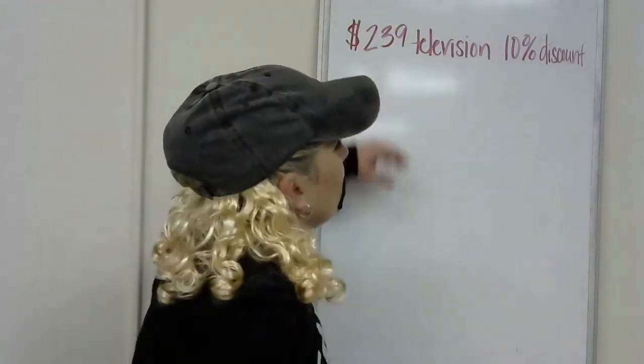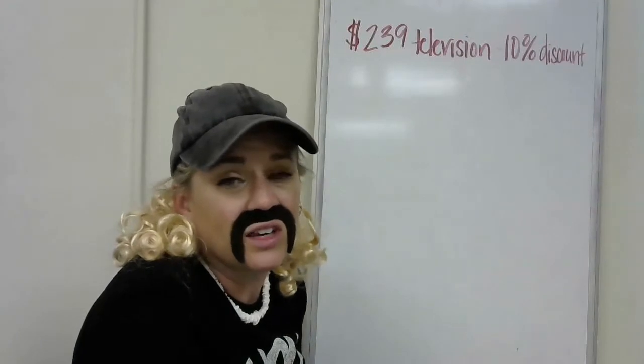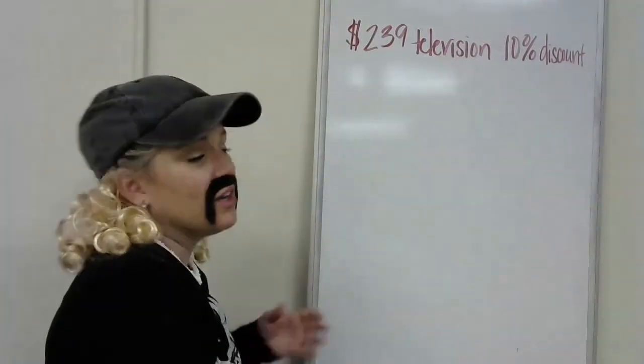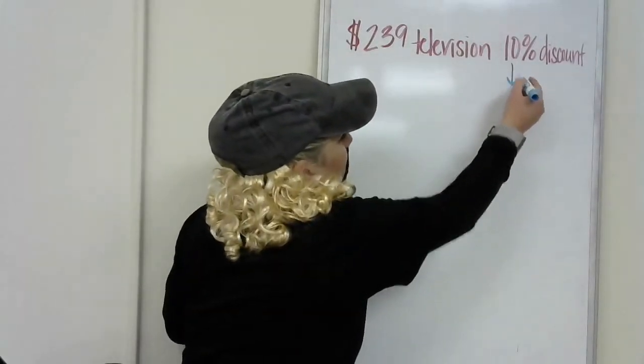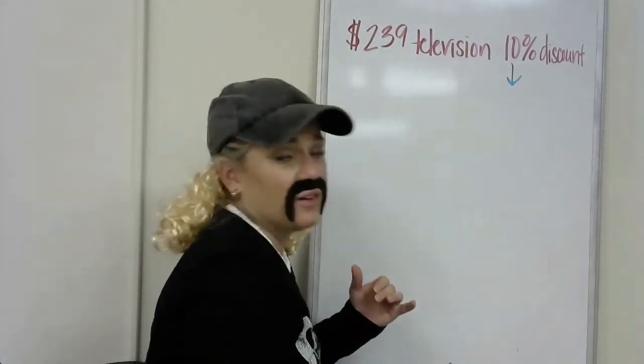All right, so we got a $239 television, and we're going to get it at a 10% discount. So let's figure out how much we're saving and what the total cost would be. We got to turn our percent into a decimal by moving that decimal 2 places to the left, okay?